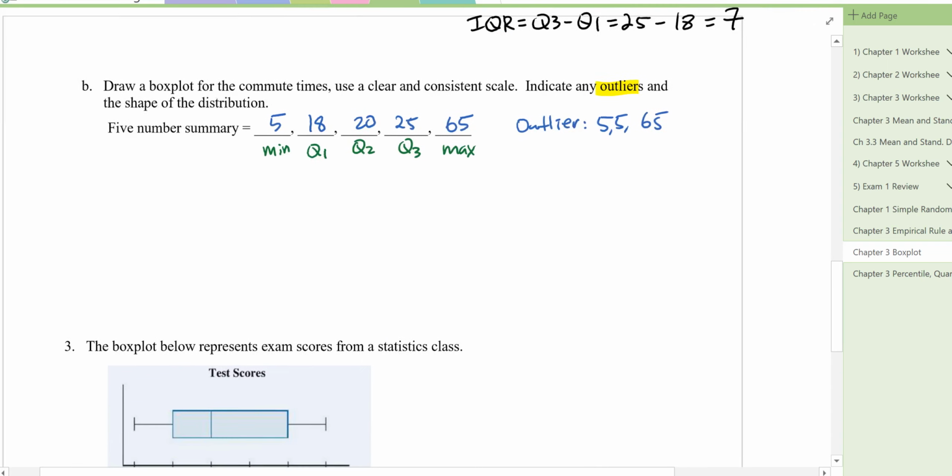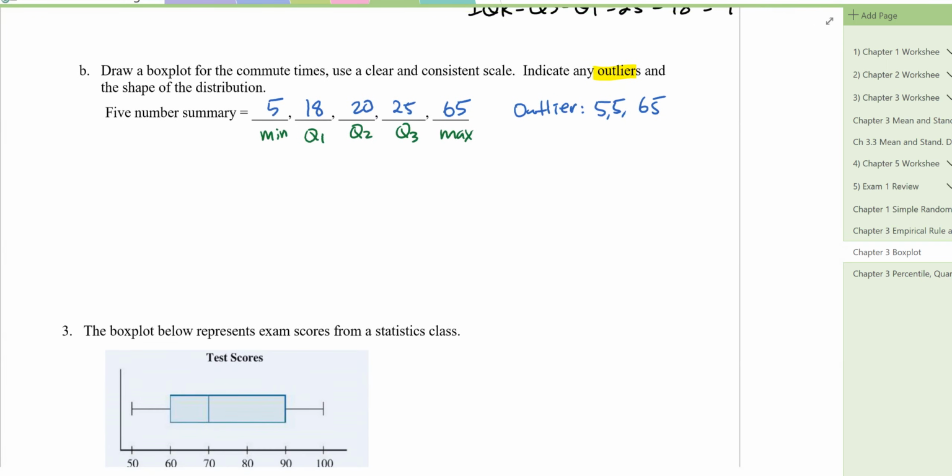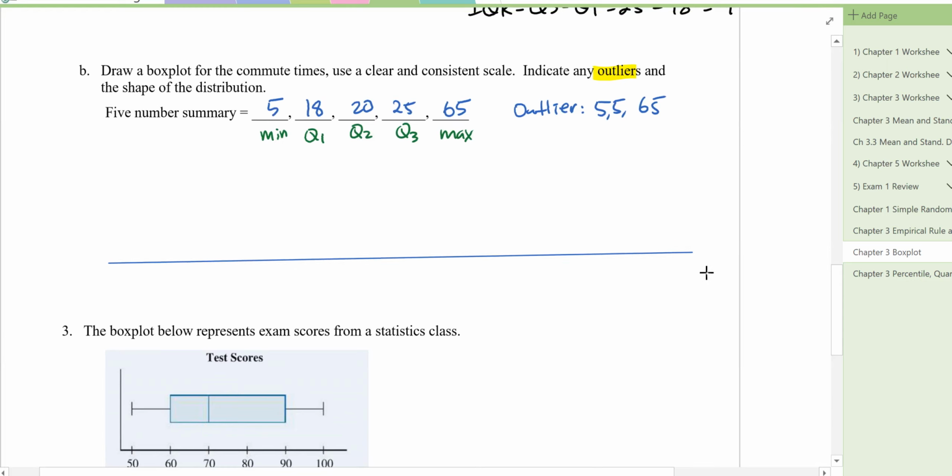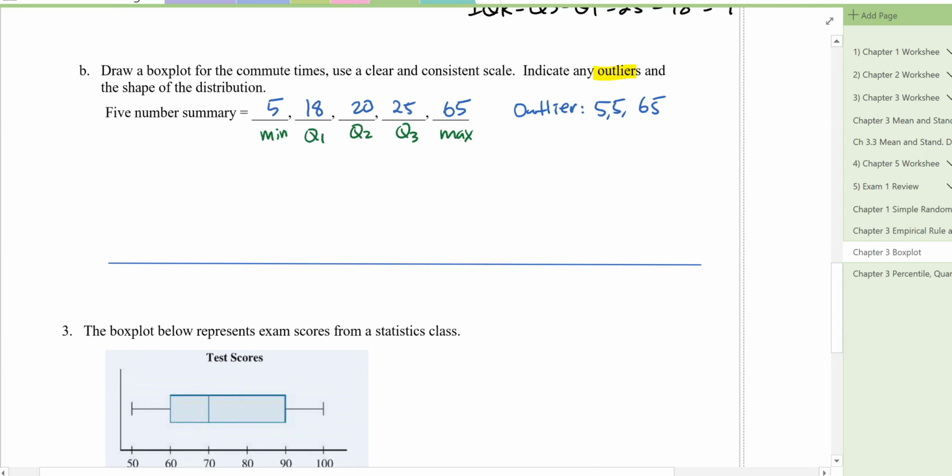Now let's draw a box plot. So first I'm going to draw a number line, a straight line. And I would suggest when you do this on paper, maybe use a ruler or some sort of straight edge to make sure your number line is precise. So I know that my minimum data point is 5, and my maximum is 65. So I want to make sure the range includes the minimum and maximum.